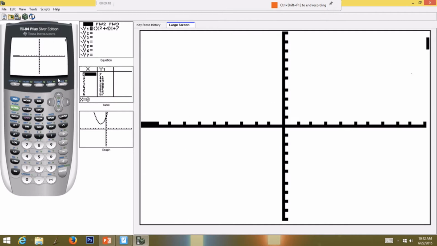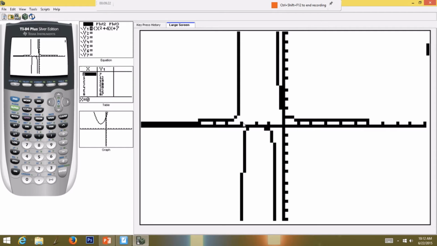And if we hit graph, you can see that we have, again, a vertical asymptote at negative 3, and then another vertical asymptote at negative 1/2, and then our horizontal asymptote is again going to be at just 1/2. So not too bad.